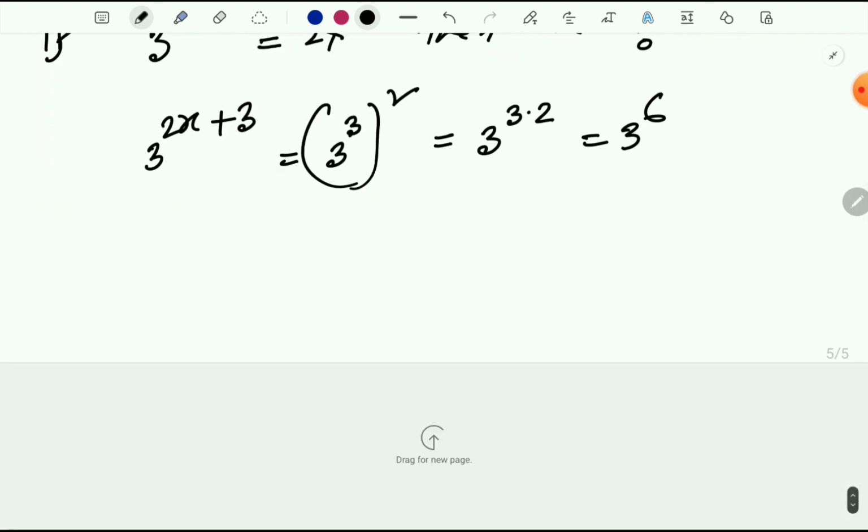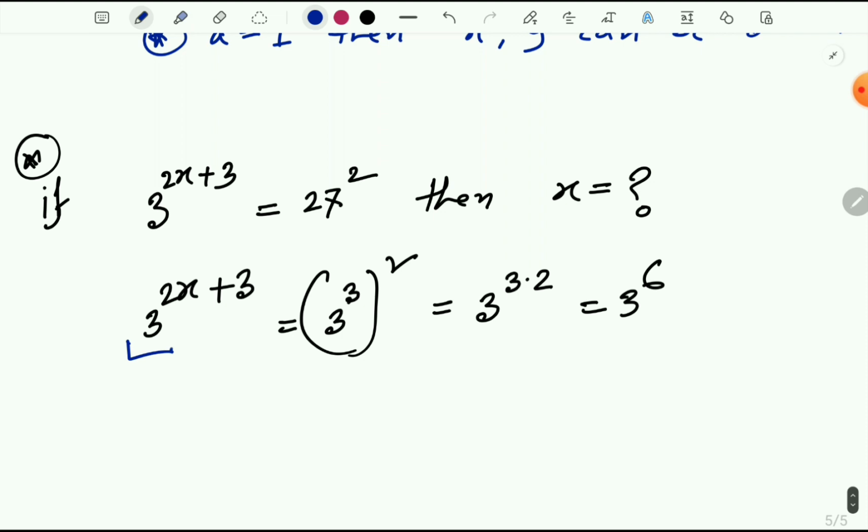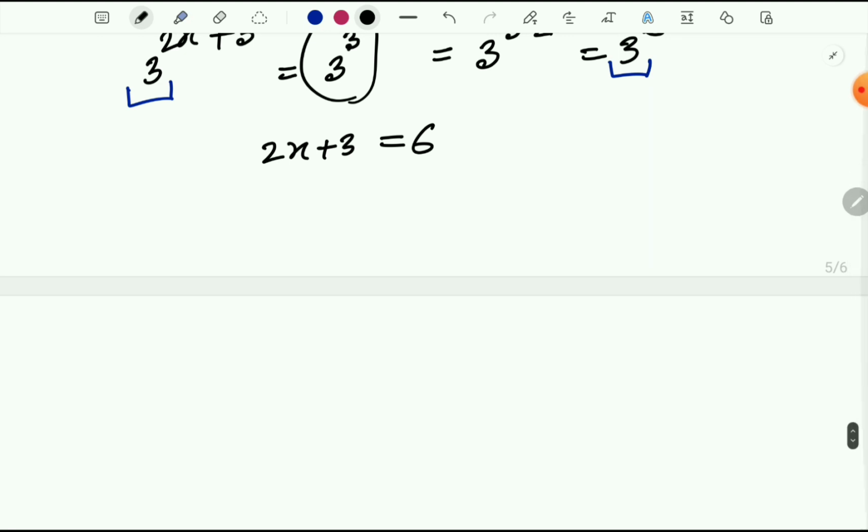Therefore we can write 2x plus 3 equal to 6. Now x equal to 6 minus 3 divided by 2, which gives us 3 by 2. So this is our answer.